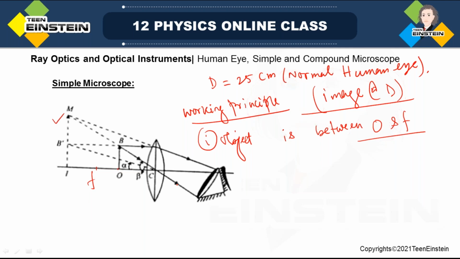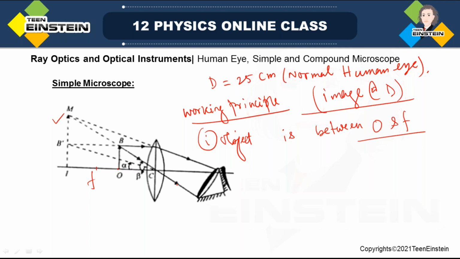This will be a very magnified image. So what we have learned is that a simple microscope is simply a lens of very short focal length, and we have to place the lens very close to our eye. What is the working principle?